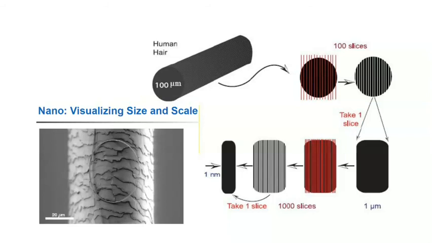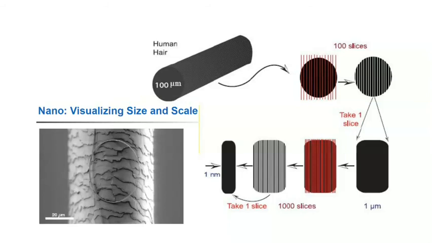As I said, the size of the human hair may vary from 60 micrometer to 120 micrometer, depending upon the person. Some persons have 60 to 70 micrometer diameter of a hair, or some may have 100 to 120. So it depends on the person.